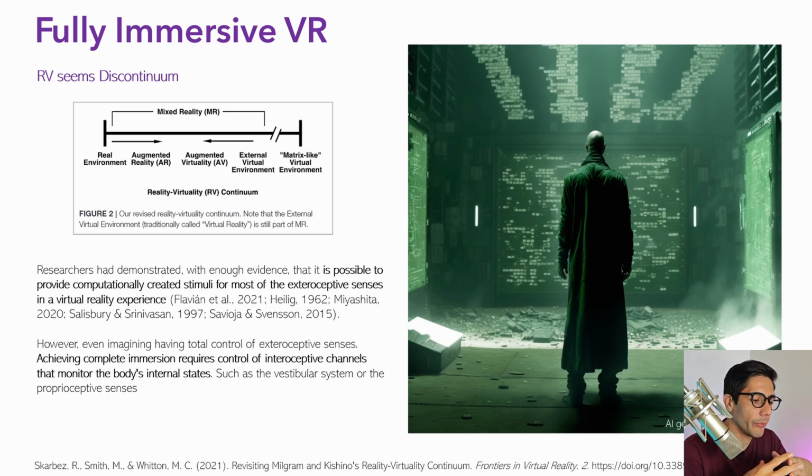We cannot, or at least it's hard to map our interoceptive channels, right? The capacity to acknowledge that we are floating or not floating, we are sitting or standing up or jumping, right? There are many interoceptive channels, and unless we go into the brain of someone to change these internal body states, we cannot produce fully immersive VR.